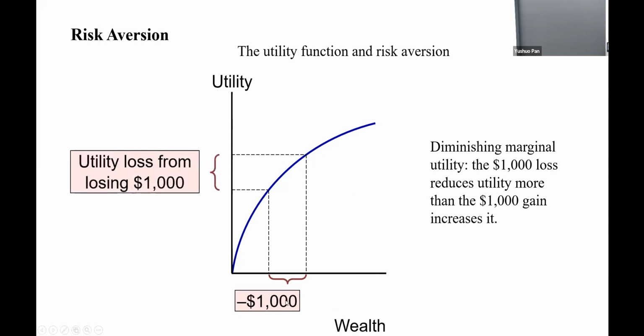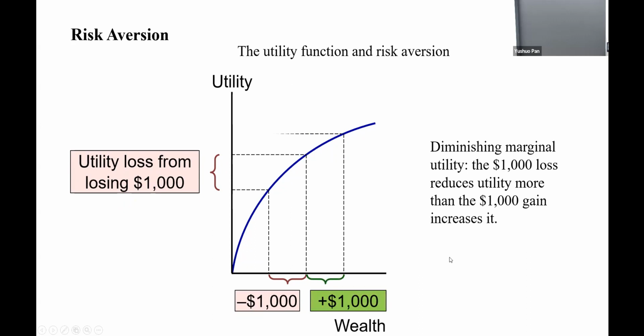If something happened and I lose $1,000, that will decrease my utility according to my utility curve. If my wealth decreases by $1,000, my new utility will decrease by this amount.